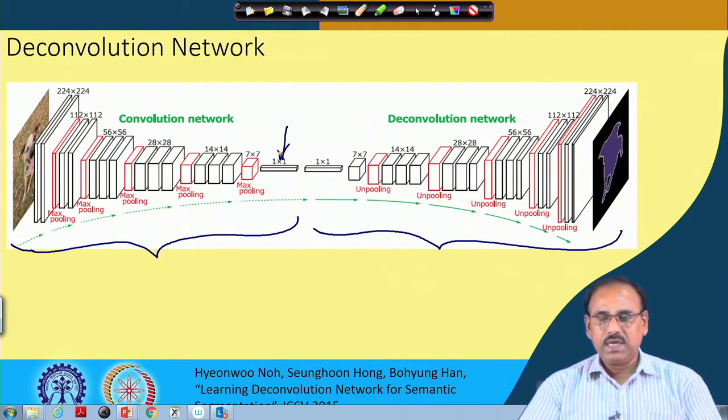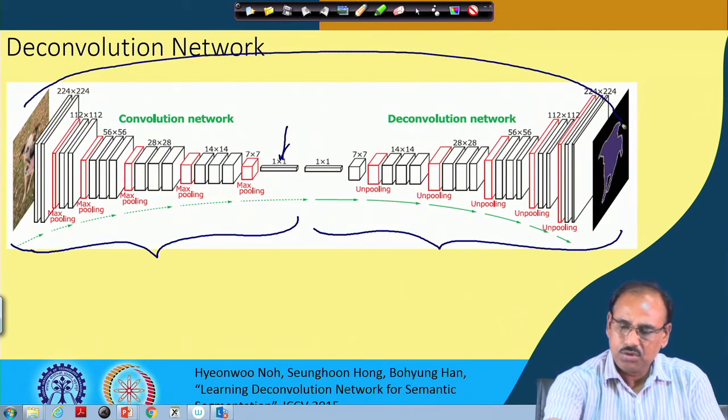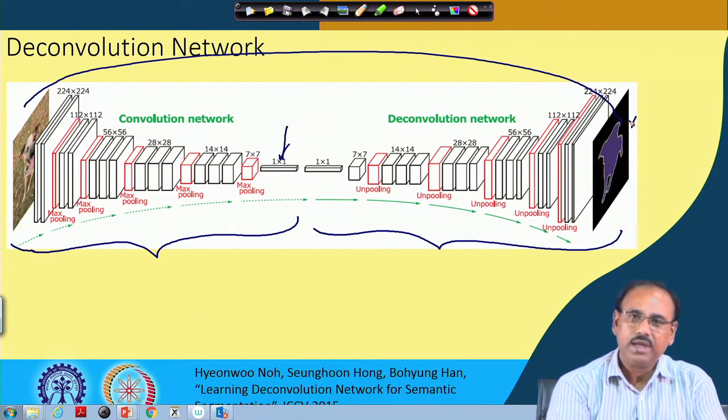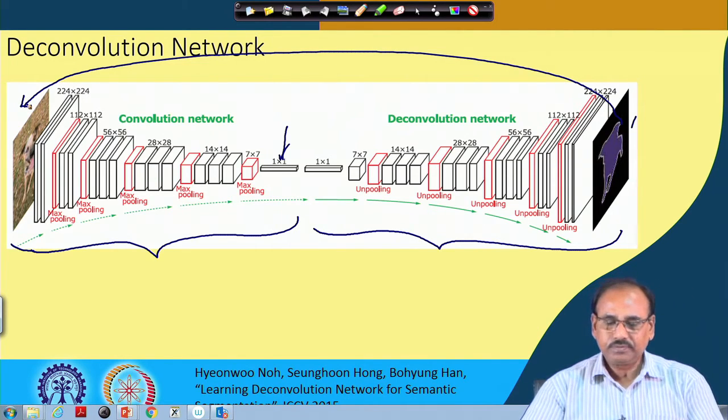This deconvolution network tries to undo this size reduction. There we have an unpooling operation followed by the deconvolution operation using the deconvolution kernel. This unpooling and deconvolution gradually bring back the size of the output so that it is the same as the size of the input image. So, if you compare these two, the size of the output that you get over here is the same as the size of the input image.